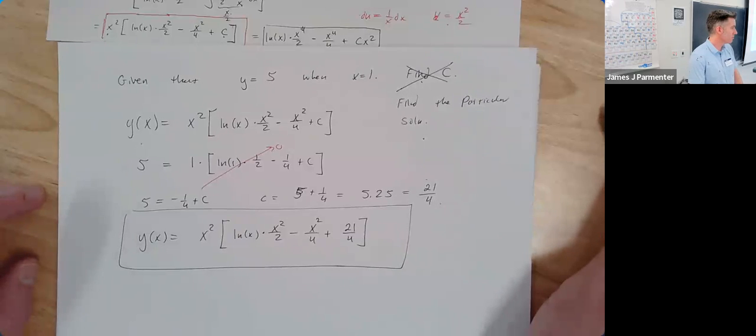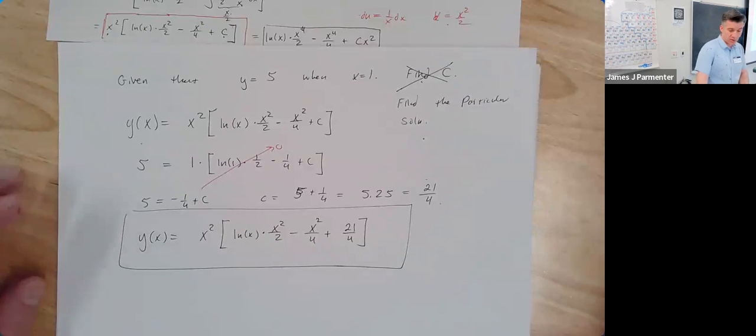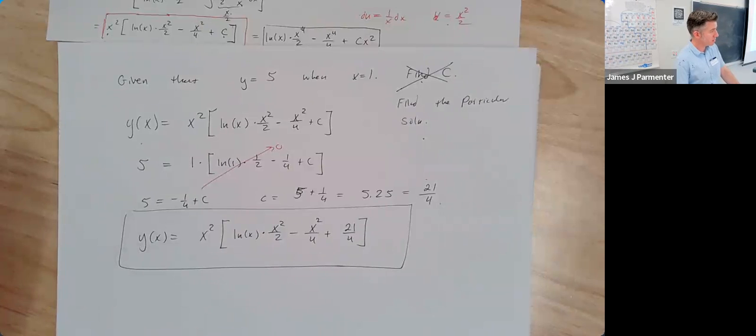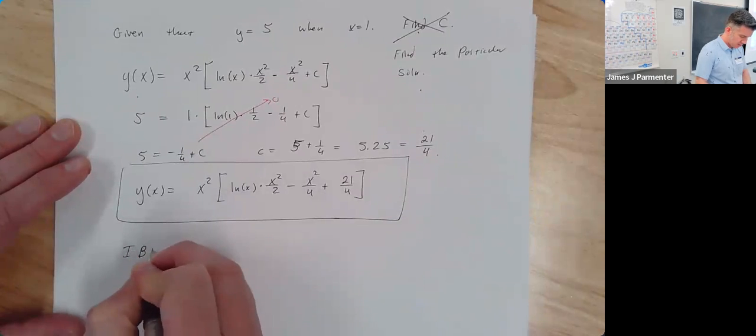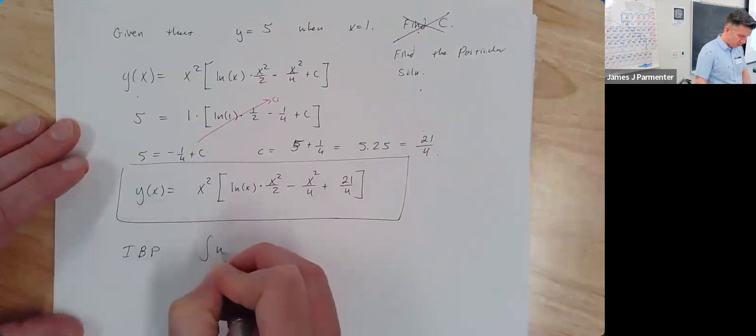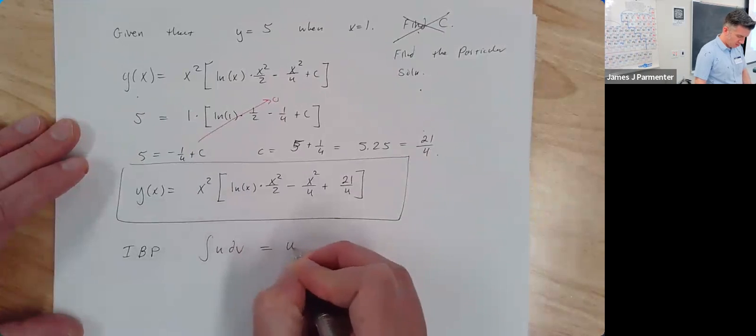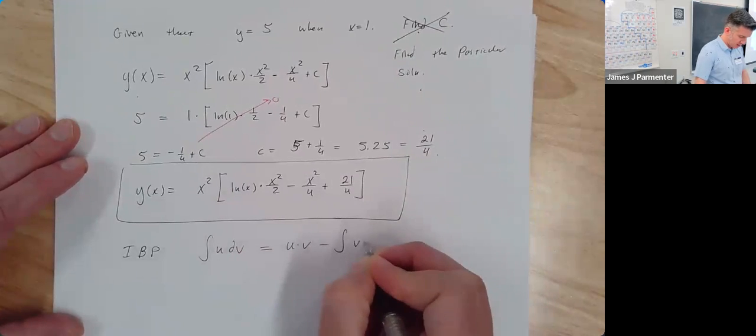What's the order for the weight again? Like logarithm. So the LIATE acronym is when you're using integration by parts, how we decide what to set u equal to. So if there's a logarithm, you set u equal to a logarithm. In fact, let me just write it down over here. So integration by parts, you're trying to find the integral of u dv equal to u times v minus the integral of v du.